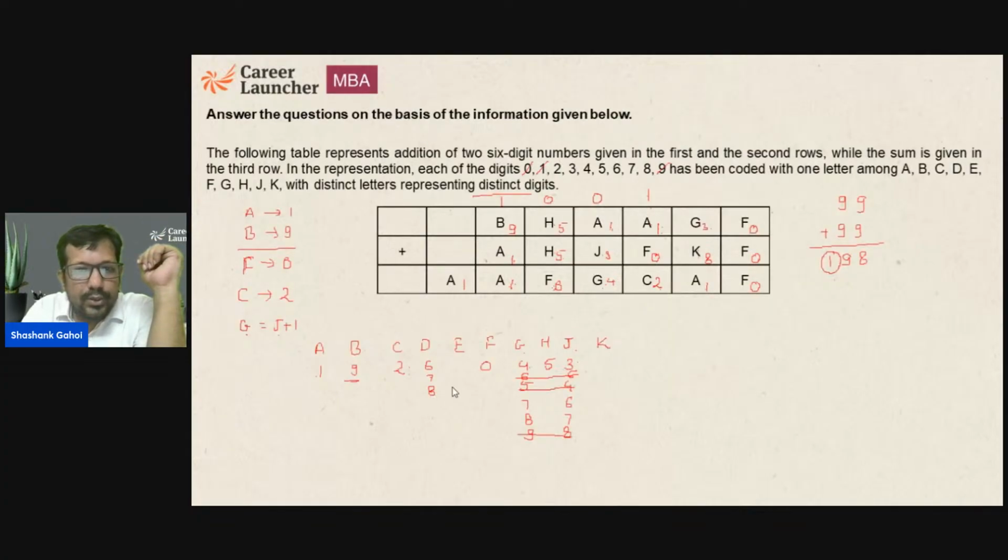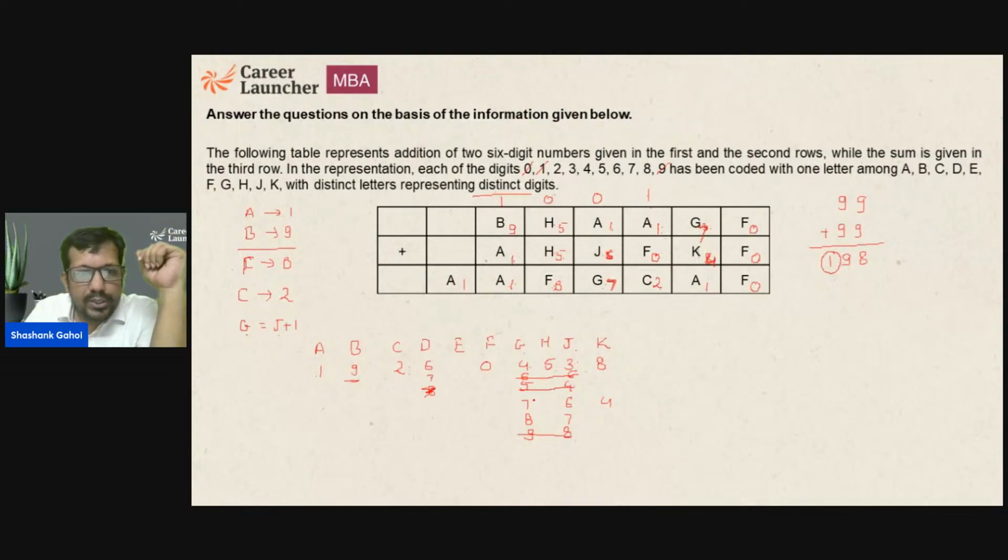Okay. So if I take this case that J is 6, then this is 7, this is 7, so this is going to be 4, right? So the value of K becomes 4. In the earlier case, the value of K was 8; in this case, the value of K is this.